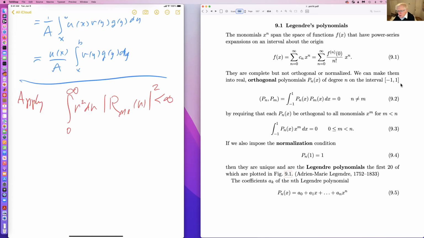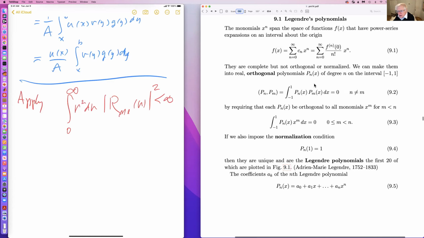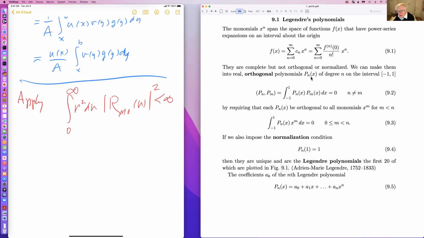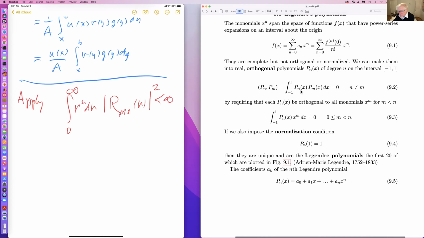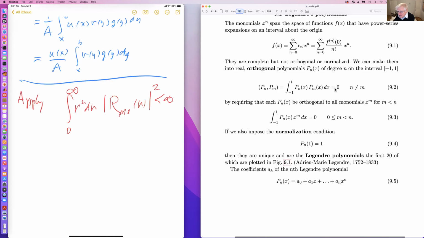he picked the interval -1 to 1 and said, okay, we're going to require that these polynomials are orthogonal, in that when n is an integer and m is an integer, for integer values of n and m, if the integers are different, we're going to get 0.